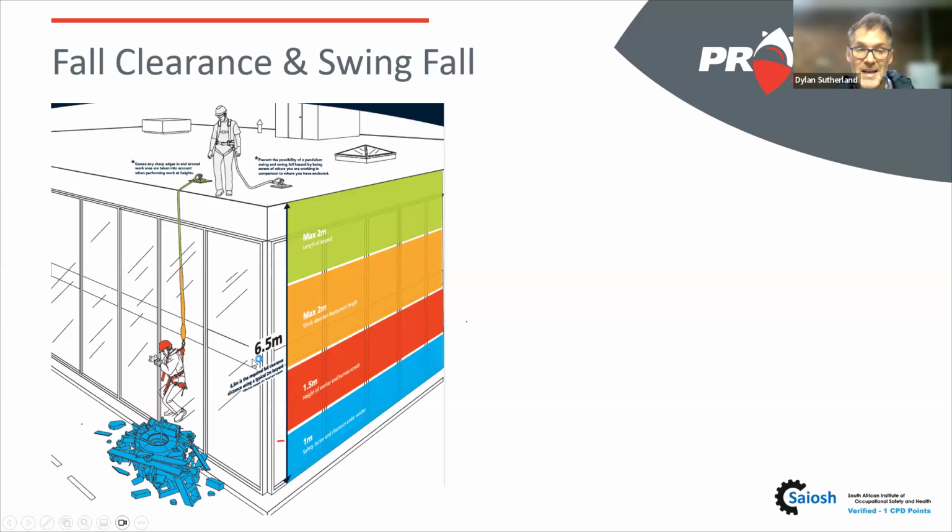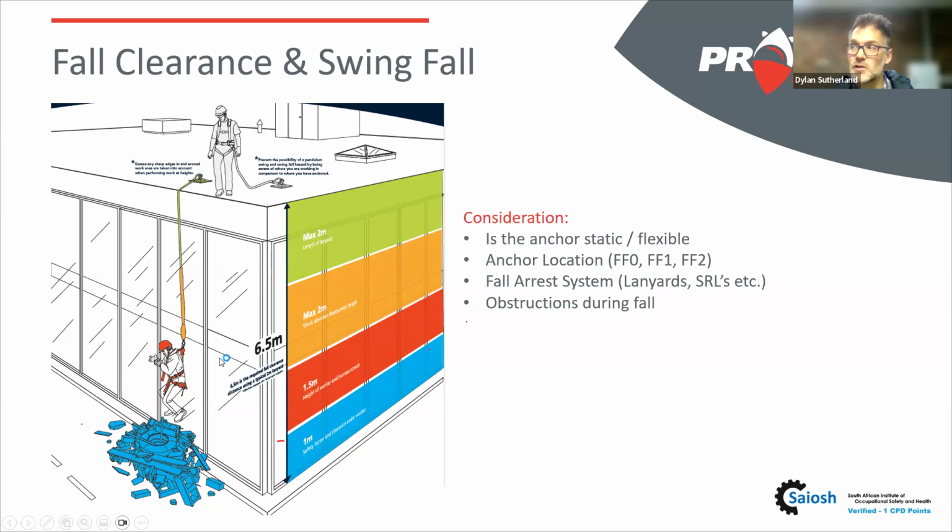That means we're looking at 11 meters of fall clearance to make sure that this person does not get hurt. So there's quite a few considerations that we need to consider, and one of them is, is the anchor point static or flexible? If it's flexible, if it's webbing, we need to assume that the fall clearance will be more than what the lanyard tells you it will be, because that's just the lanyard, it's not the anchor point.